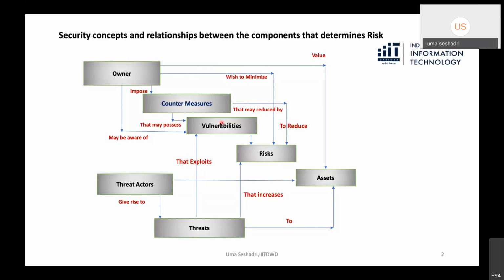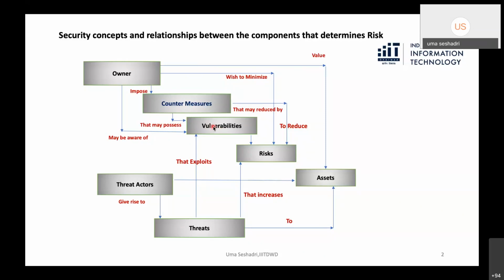So as an owner, if I don't know that weakness, that I don't have a password on my mobile, and that I should not keep my mobile here and there, then I am really opening up avenues for others to attack my system. So this is nothing but a vulnerability.